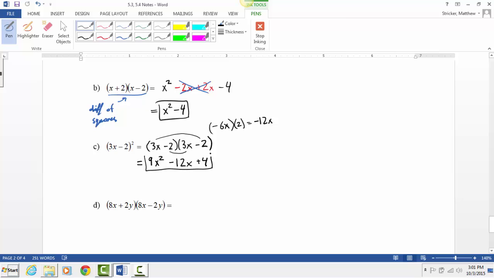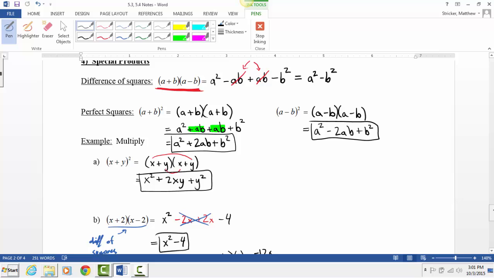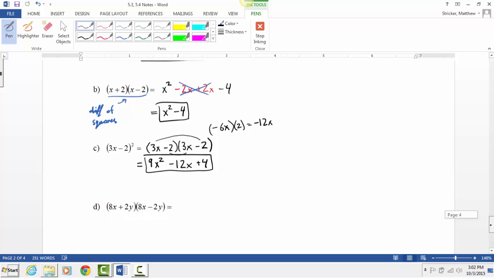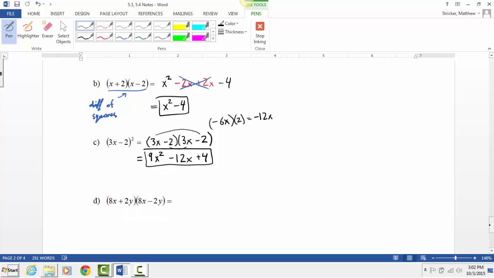Now, if you don't want to use the shortcut like I just did, where you follow that rule up here where you have your middle term, your a times b, there's two of them, you can always just distribute it out and combine like terms. There's nothing wrong with doing that if you don't like the shortcut.